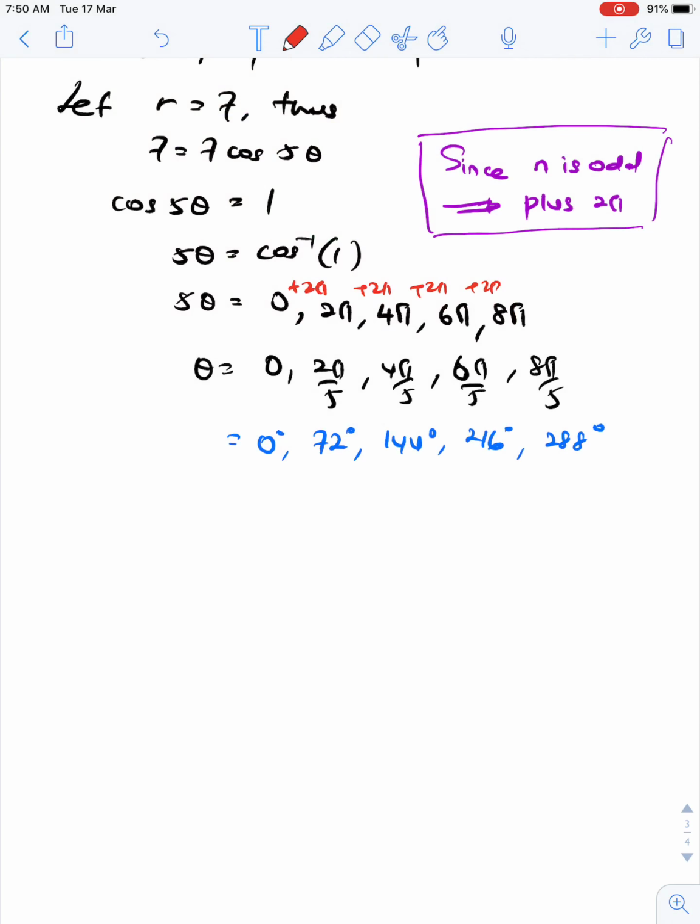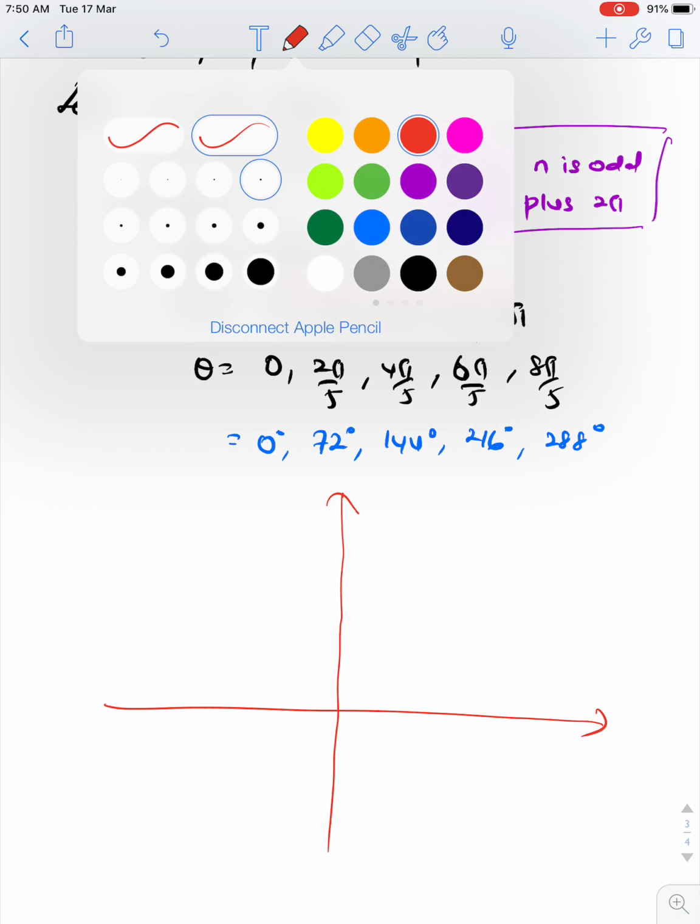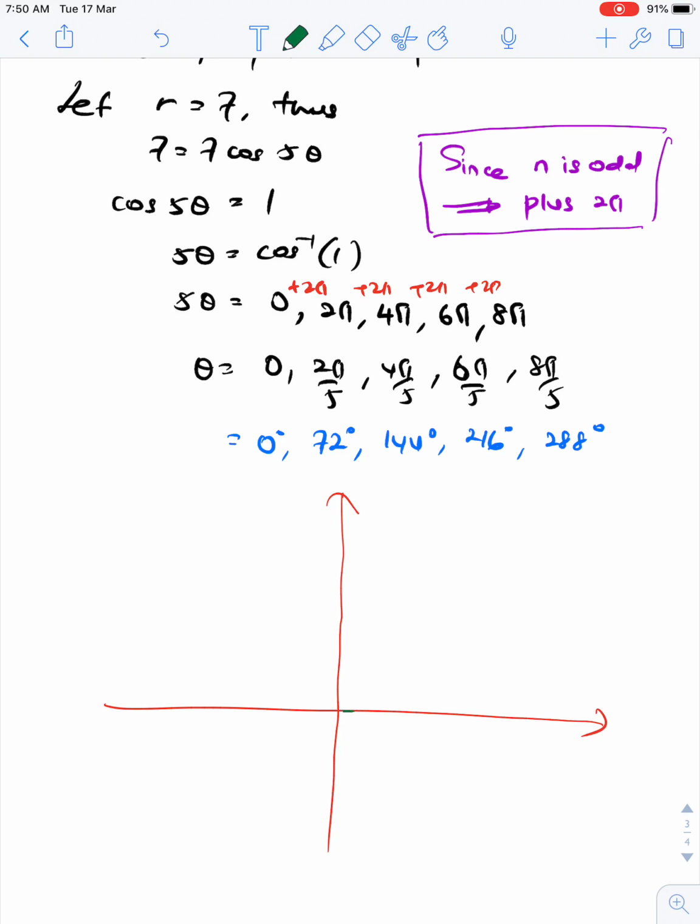Okay, now we can sketch all of the 5 petals. So the first angle, theta equals 0, should be here. Second, theta equals 2 pi over 5 should be here. The third petal is located at 4 pi over 5.